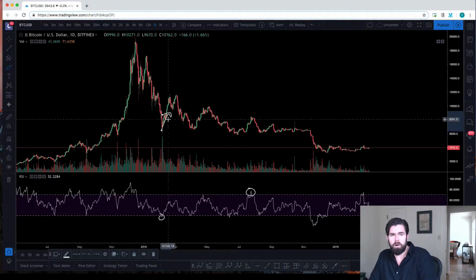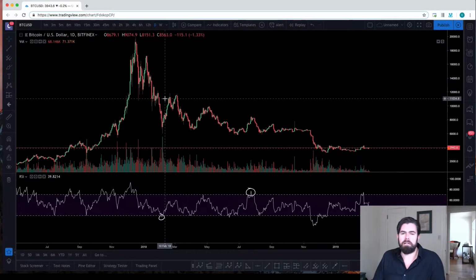Now it doesn't always work like that with any indicator that you're going to use out there. Any indicator or strategy is not 100% foolproof. That's why we always have to find confluence in all of our trades. We have to use multiple indicators and multiple strategies, whether we're looking at price action, Elliott waves, or Fibonacci.